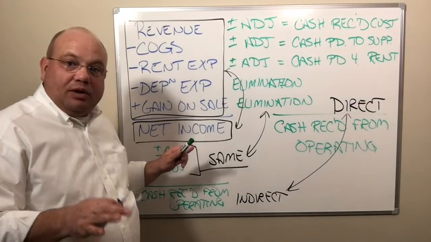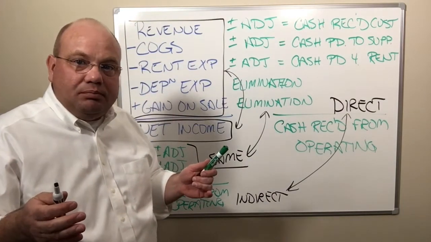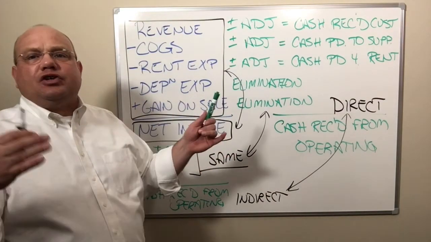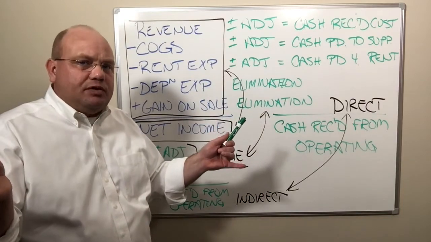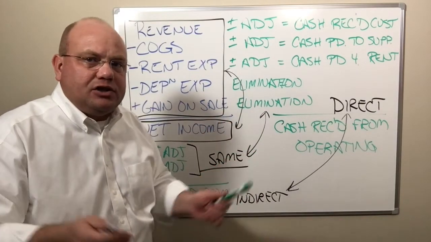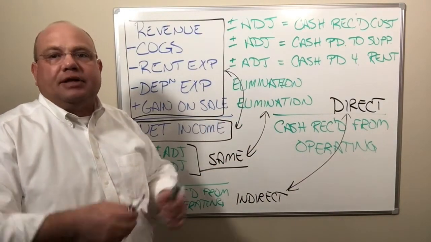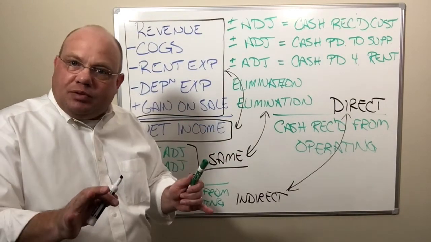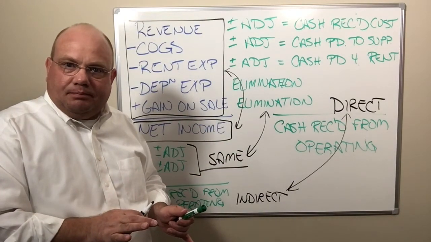Under the indirect method, it looks like net income plus or minus an adjustment for a change in receivables, plus or minus an adjustment for the change in inventory, plus or minus an adjustment for the change in payables, plus or minus a bunch of adjustments simply to net income.